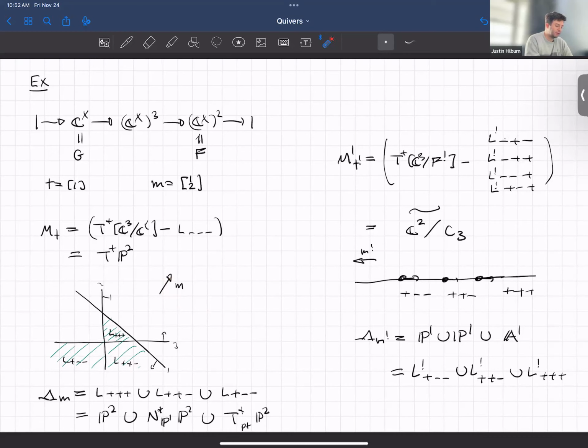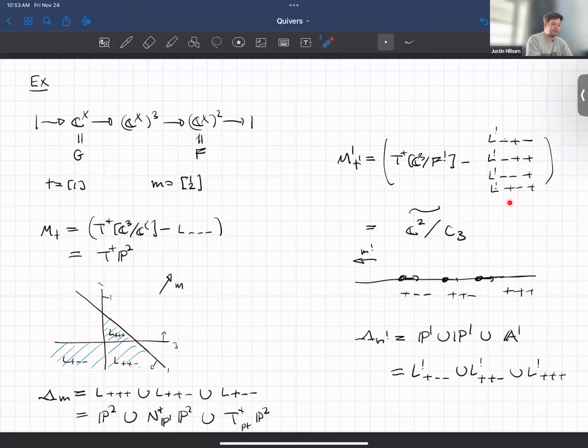And you'll see that for three of these chambers, it's bounded, but on, say, this chamber, this function m never attains a maximum. So that tells you that this attracting Lagrangian is the sum of these 3 chambers, or the toric varieties corresponding to these 3 chambers, which is a P2, this conormal, and this T star P2.